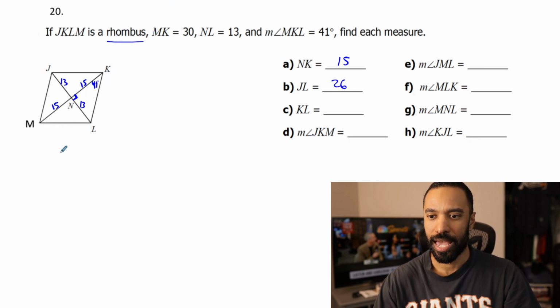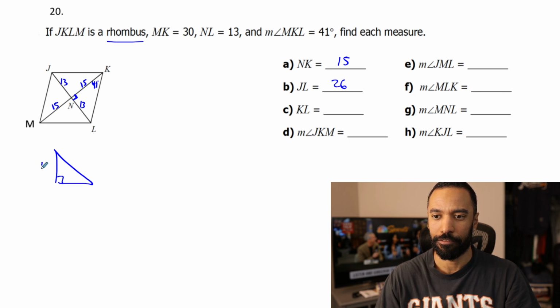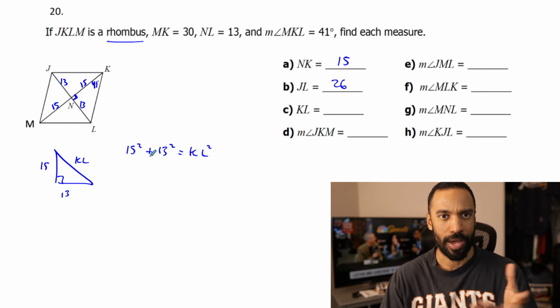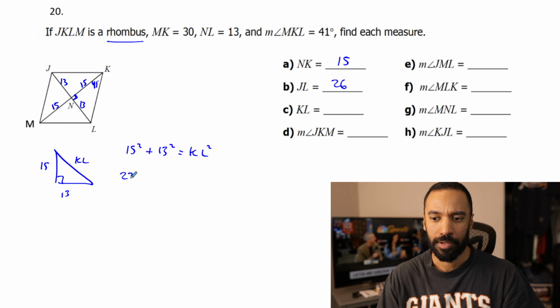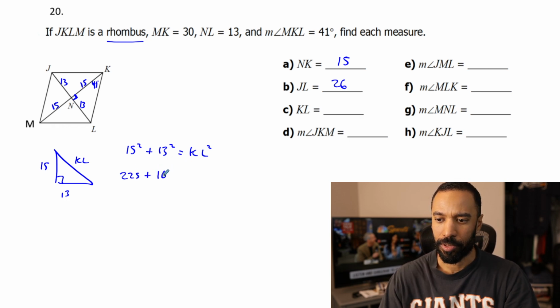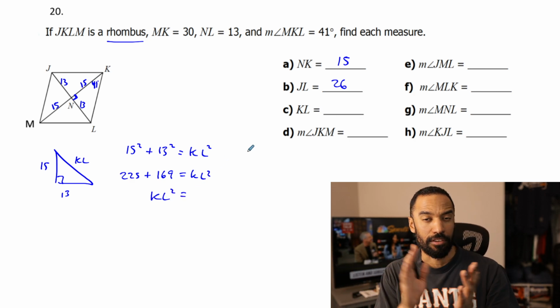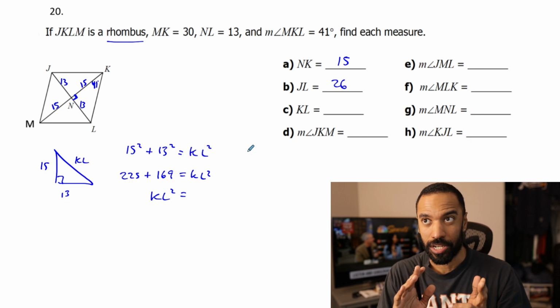So I have a right triangle with 15 and 13 and an unknown KL length. So 15 squared plus 13 squared is KL squared. I can't imagine that this is a Pythagorean triple, so you're going to have another random number here. 225 plus 169 is KL squared, which is... I can't do math in my head very well anymore. At least I can't do addition in my head very well anymore.